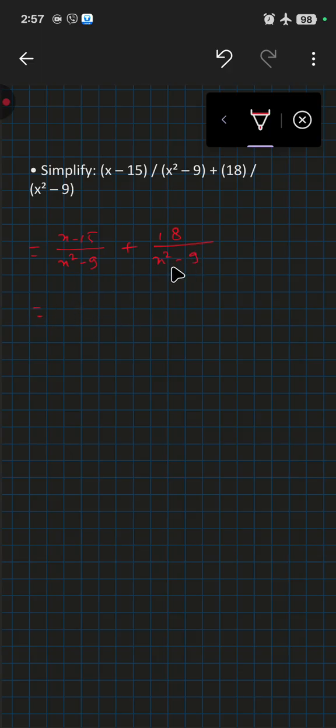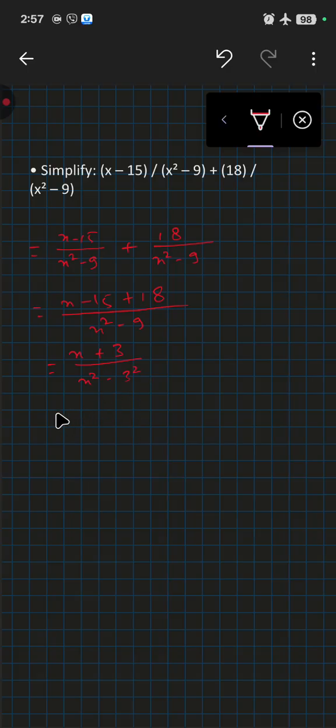Both of them have the same denominator, so we can write them together over x square minus 9, which is the LCM, and then the numerators I'll copy same to same. After this, what do you get? 15 and 18, one is minus, another one plus. You'll get plus 3 on the top, and this is x square minus 3 square.